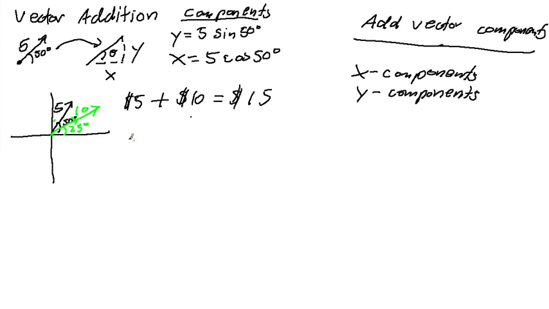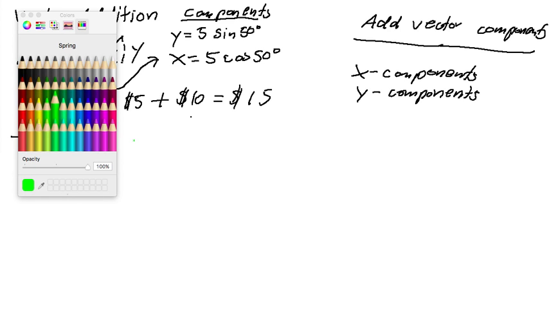In order to do that, first you have to break down each vector individually into its components. Vector number 1 has already been broken down for you right over here, and now let's go ahead and break down vector number 2. Again, let's choose this green.